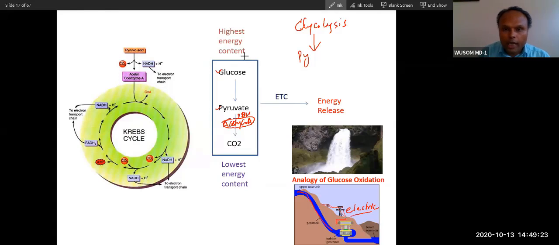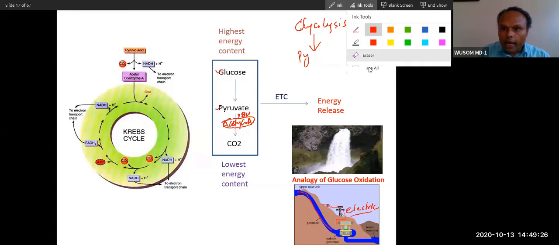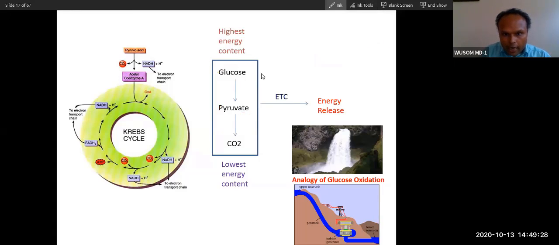In the same way, the energy is flowing here. Glucose has high energy, just as the water has high potential energy. Carbon dioxide has high kinetic energy, because carbon dioxide is a gas, a mobile, highly disordered molecule. So high potential energy to low potential energy means high kinetic energy. This conversion happens because of the flow from glucose to carbon dioxide.